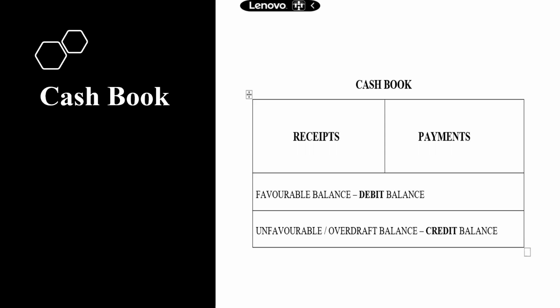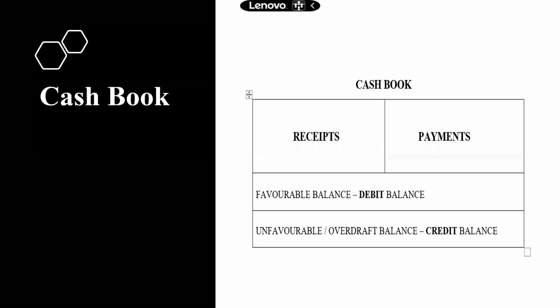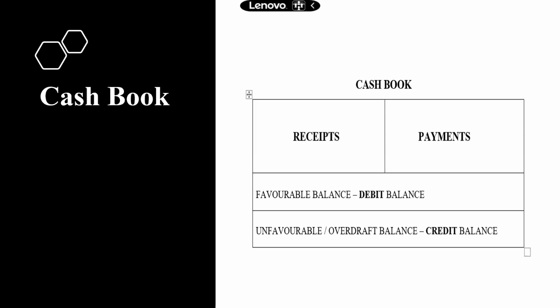So that means now it is very simple. You have to remember two major points here. So whenever it is cash book, remember two things. First thing, receipts are debited, payments are credited. Second thing, normal balance or favorable balance of cash book is a debit balance.